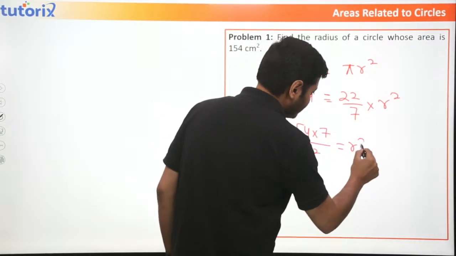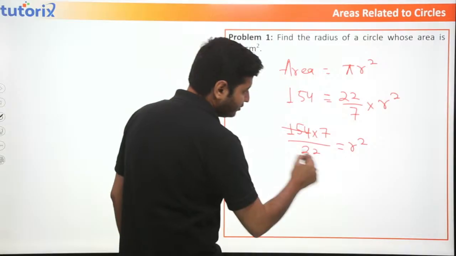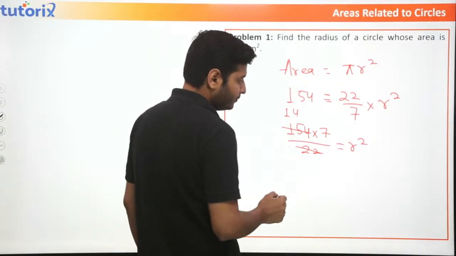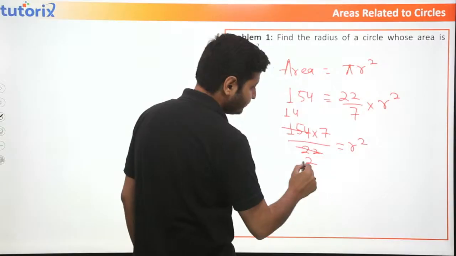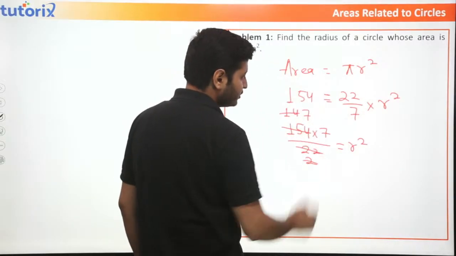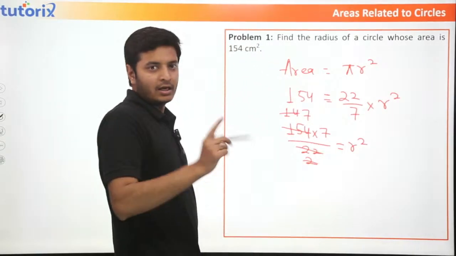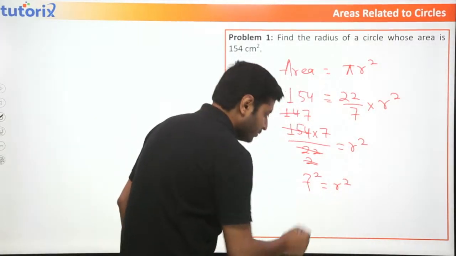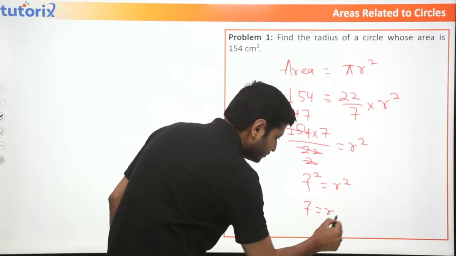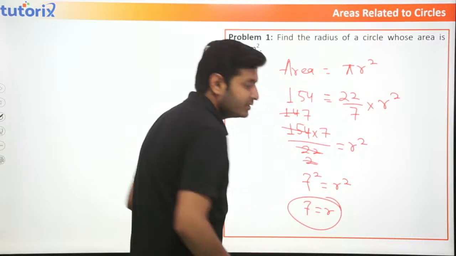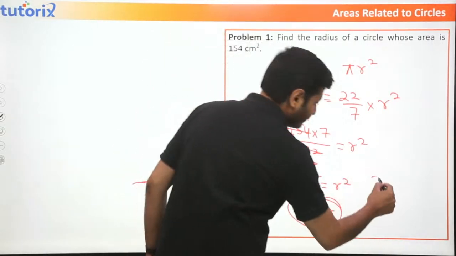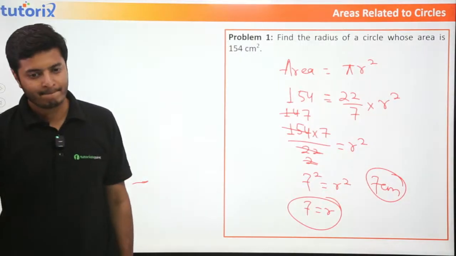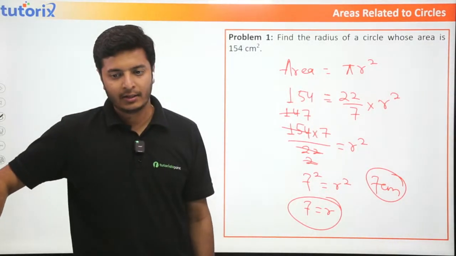This is r square. Both these values are divisible by 11. So this is 14, correct? And this is 2. Again you can divide this. So 7. 7 into 7 is r square, or I can simply say that 7 square is r square. So it means 7 is equal to r. So radius is 7 centimeter. Answer. Correct, Adya. Very good.